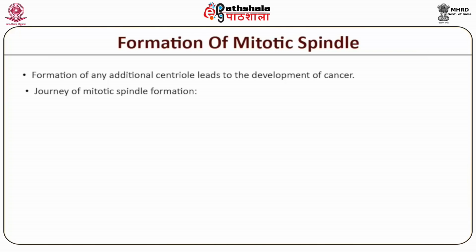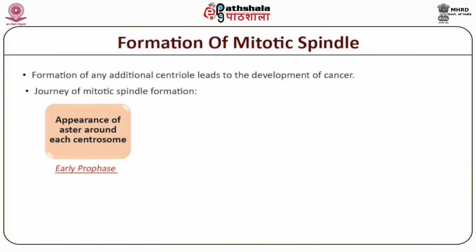During early prophase, microtubules appear in a sunburst arrangement, or you can say aster, around each centrosome. Microtubules grow by addition of tubulin subunits to their plus end, while their minus ends remain associated with the centrosome.